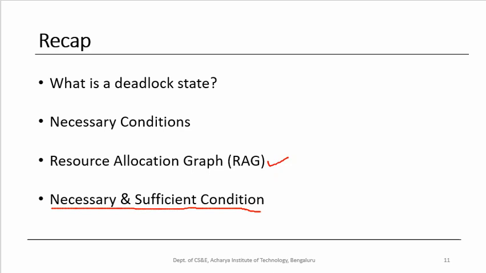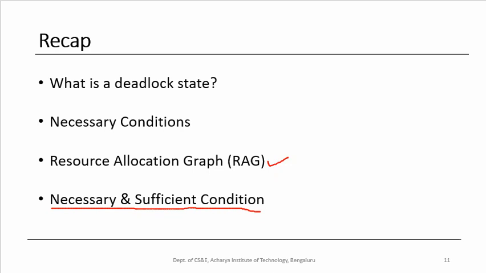But when there are multiple instances of resources, even if there exists a cycle, that may not be a necessary and sufficient condition for deadlock to occur. This is what we had discussed in the previous class.